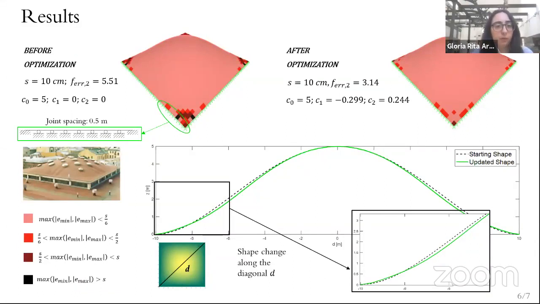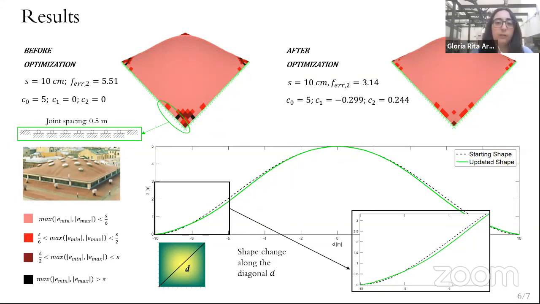These are some of the results that we have obtained. The structure that you can see is obtained by a finite element model. And you can see in the top left picture the distribution of the generalized eccentricity before the optimization process, and on the right side after the optimization process.